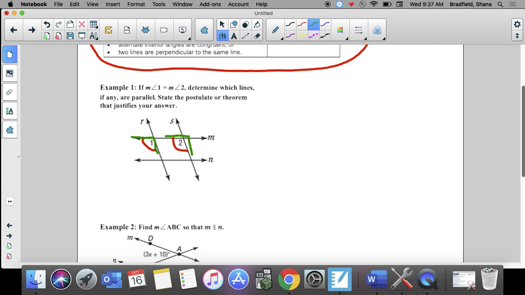What that tells me is that M is my transversal, and it's intersecting lines R and S. So R and S are the lines that are parallel. So I would say that R is parallel to S. And then how do I know that? Well, 1 and 2 are corresponding angles, so that's the converse of corresponding angles postulate.